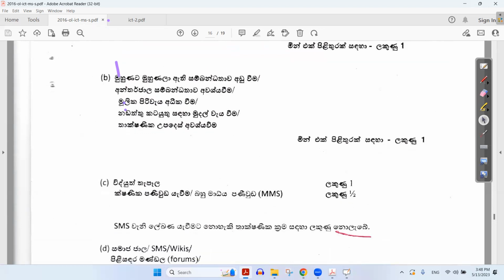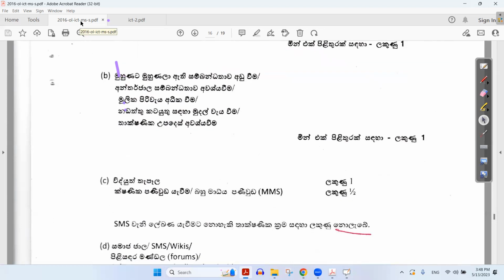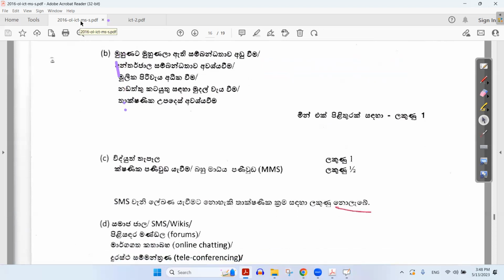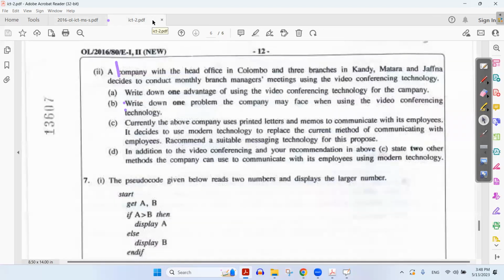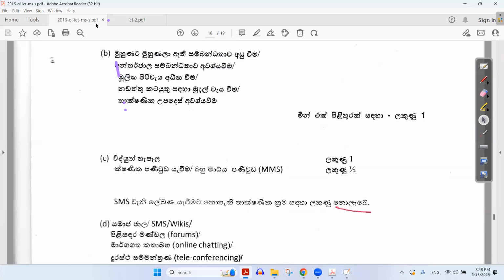And the next one is the last one. It says, in addition to the video conferencing and your recommendation above, state 2 other methods the company can use to communicate with its employees using modern technology. Yes, here it is.